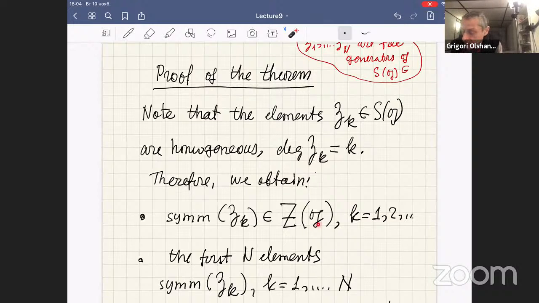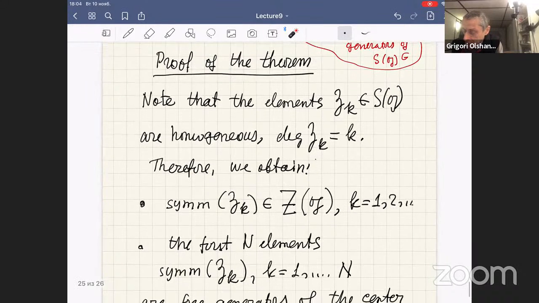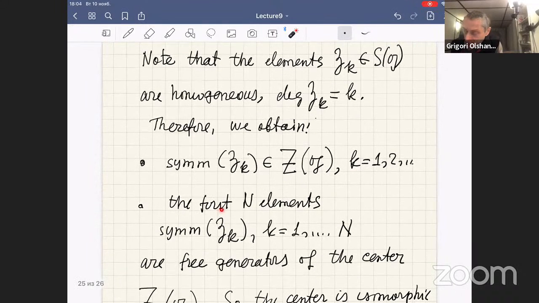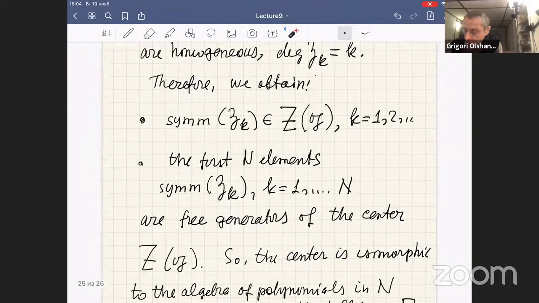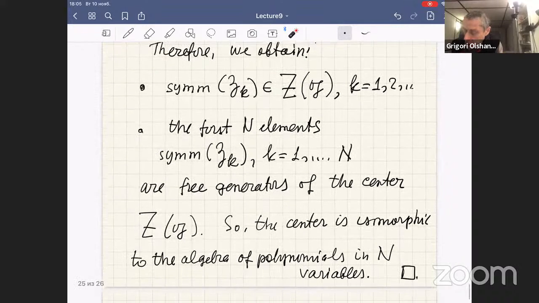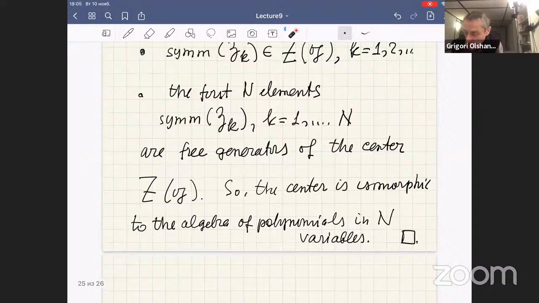So we get central elements, and the first n elements, with indices from 1 to n, give us free generators of the center. So we conclude that the center is isomorphic to the algebra of polynomials in n variables.